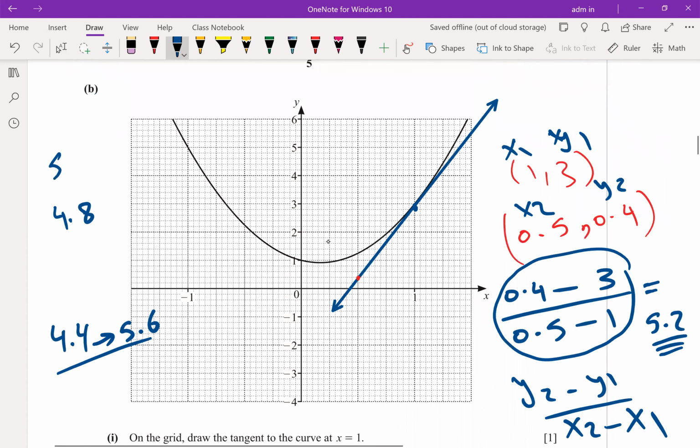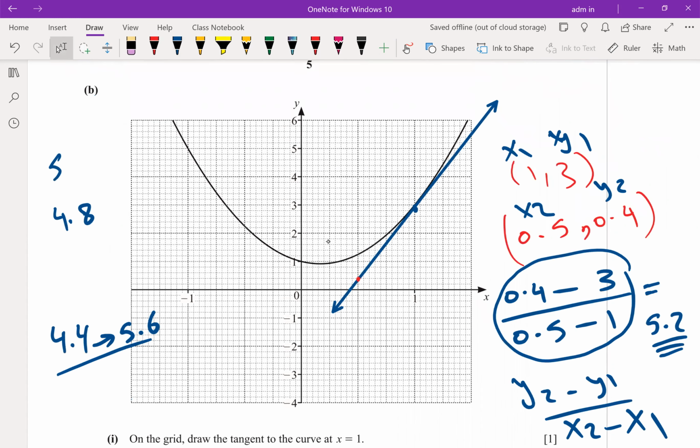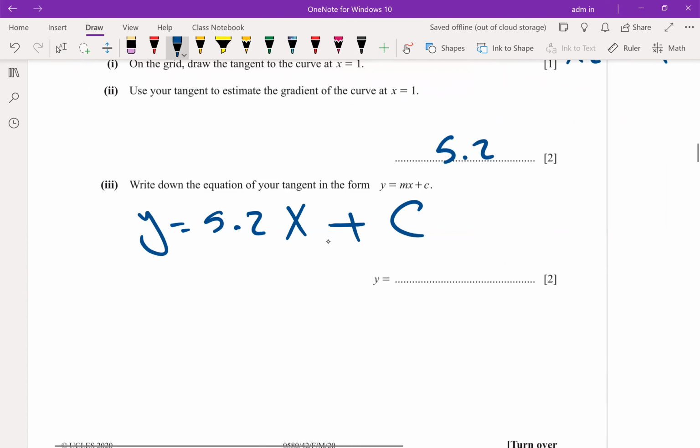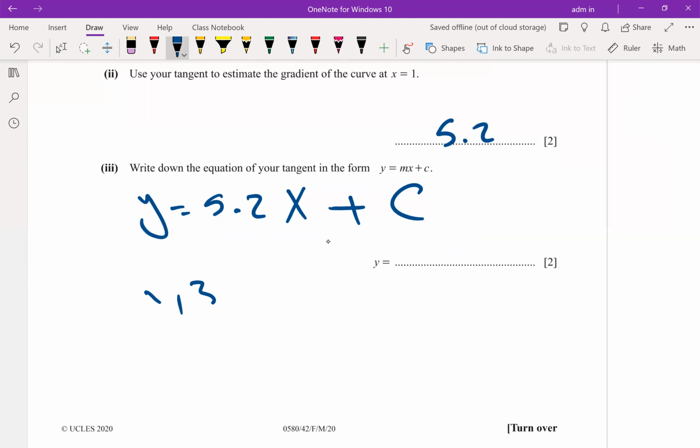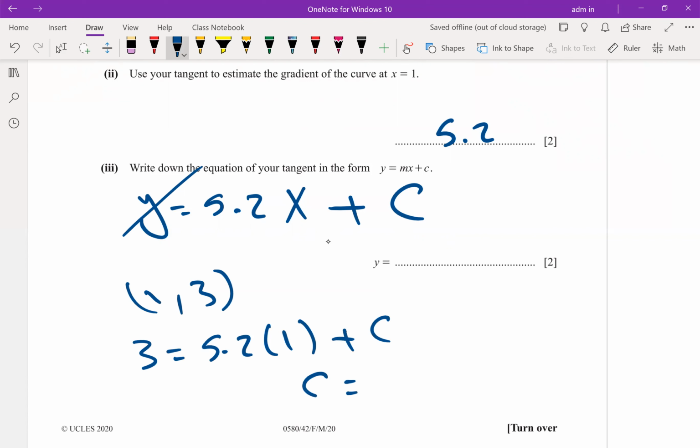There is a point given, 1 and 3. Substitute: remove y and write 3, remove x and write 1, plus c. So c equals negative 2.2. So the final answer is y equals 5.2x minus 2.2.